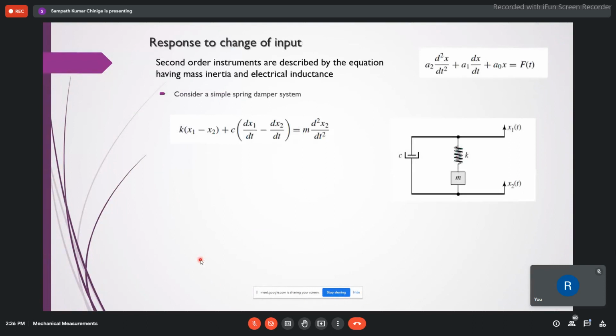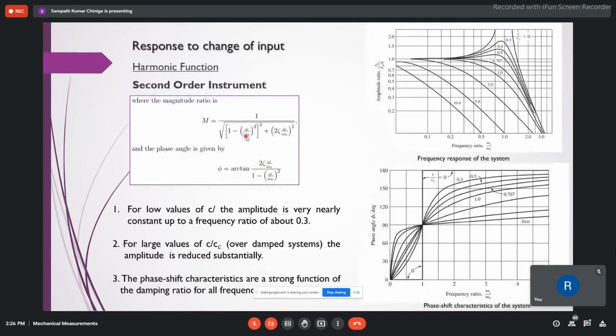So that is simplified like this: 1 by 1 minus (omega by omega n) whole square plus (2 zeta omega by omega n) whole square. So here we have zeta value, and generally the phase angle is given by zeta omega by omega n, and likewise. Okay, so it's very complex in nature.